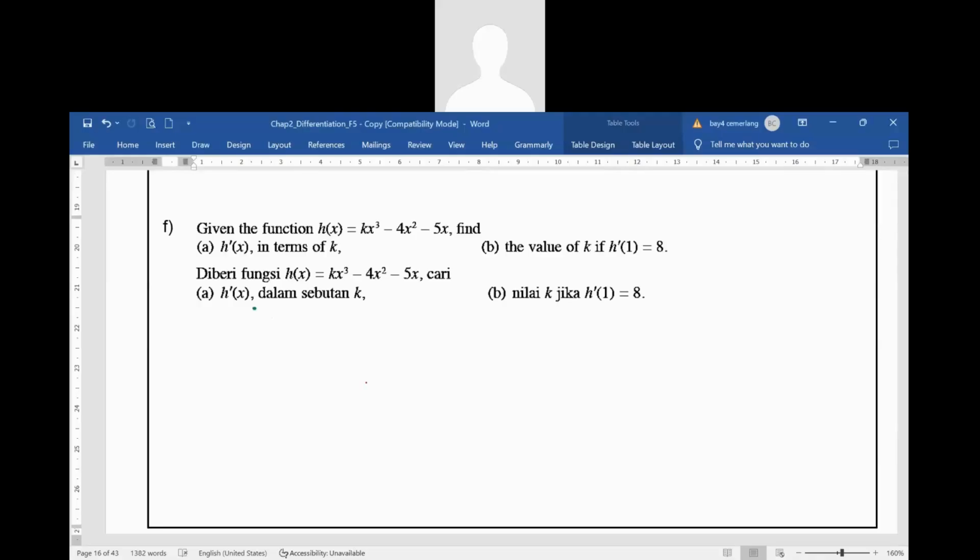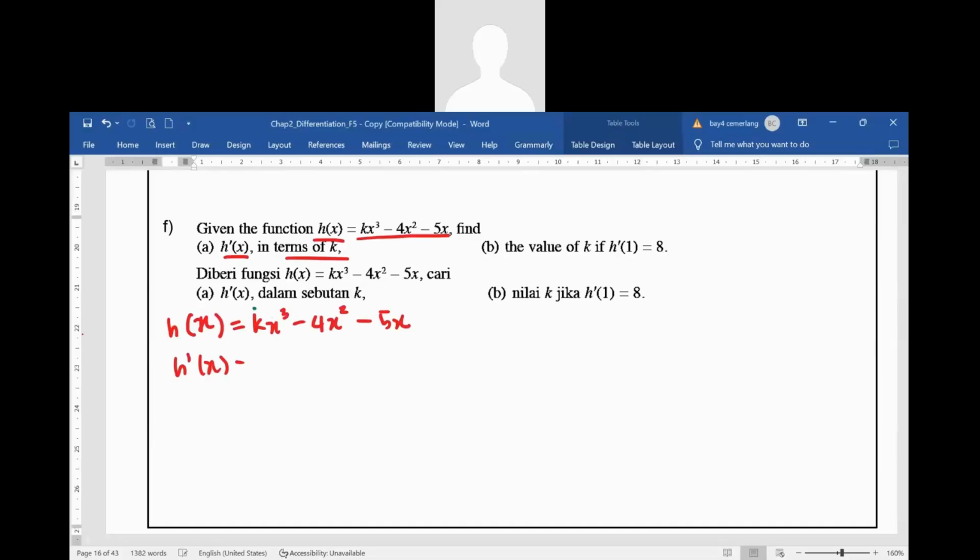Given the function h(x) is like this, find h prime x in terms of k. Okay, it's easy. So h(x) is given as kx cubed minus 4x squared minus 5x.